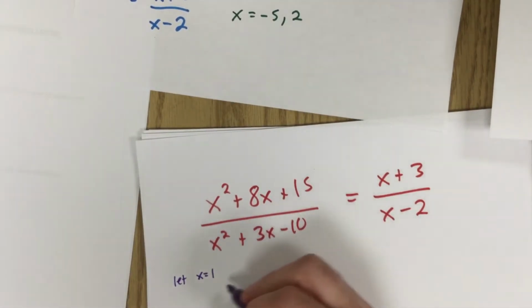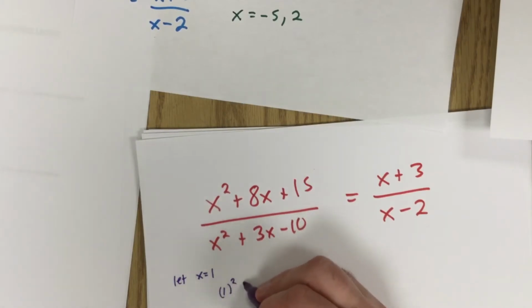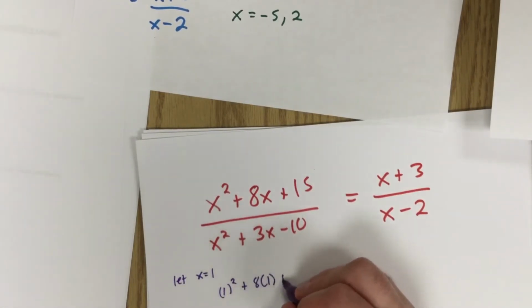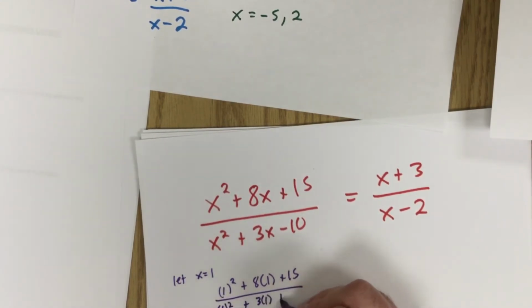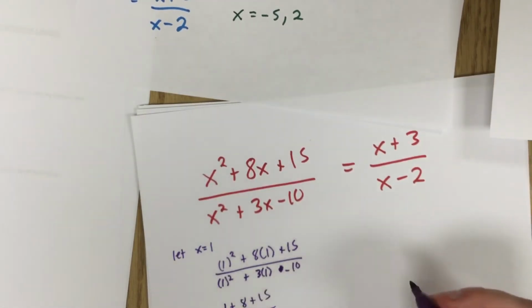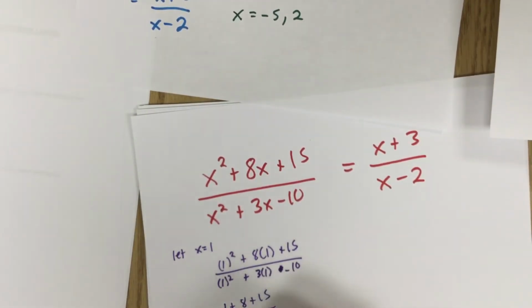If x is 1, we're going to have 1 squared plus 8 times 1 plus 15 over 1 squared plus 3 times 1 minus 10, which is going to be 1 plus 8 plus 15 over 1 plus 3 minus 10. That's going to be 24 over negative 6, which is negative 4.